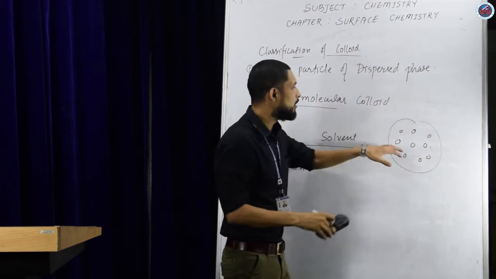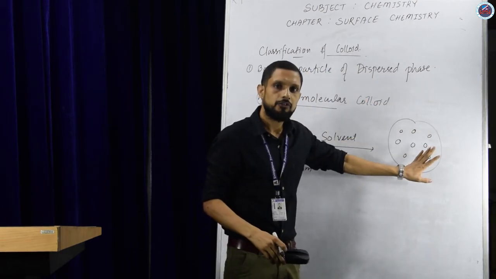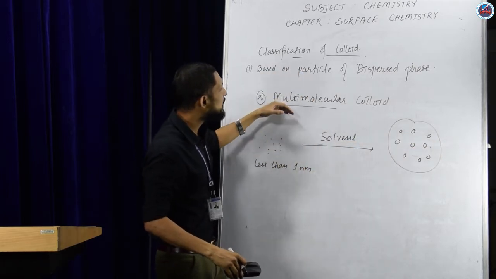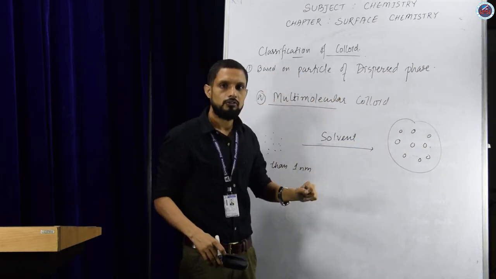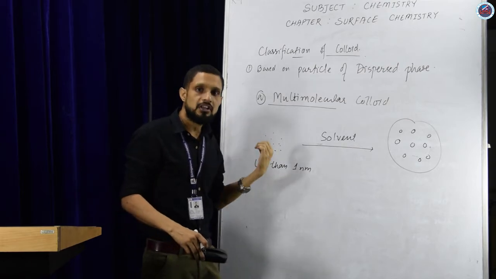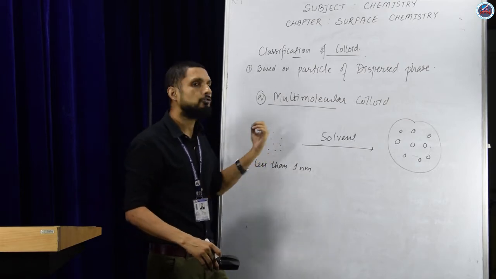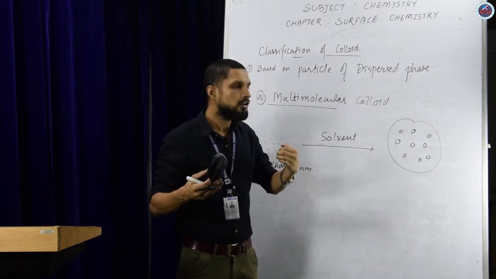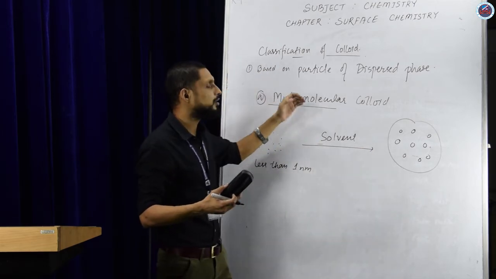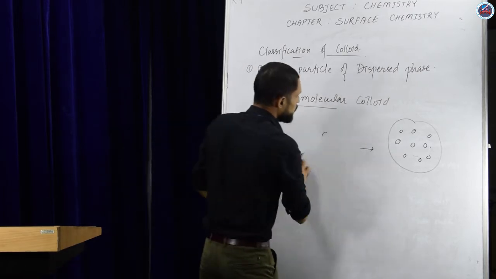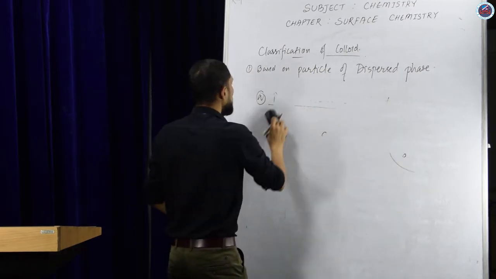Such colloids are known as multi-molecular colloids. So in multi-molecular colloid, initially the particle size is less than 1 nanometer, but due to formation of an aggregate, the size comes into the colloidal range. Next is macromolecular colloid.